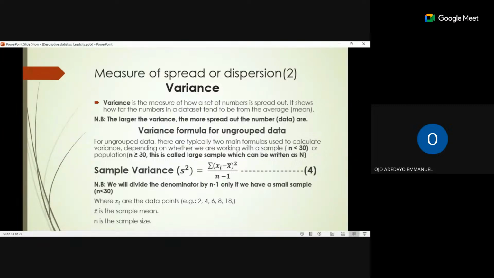As the variance increases, all observations are far from the mean, at a given distance from the center. So that is just the simple definition for variance.